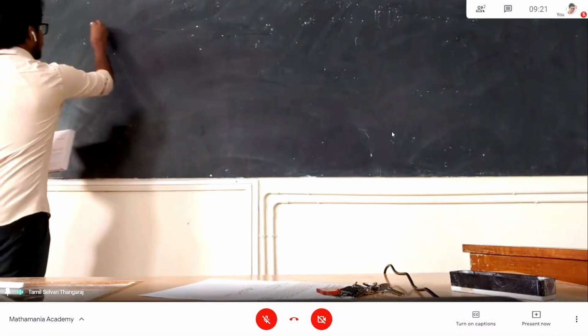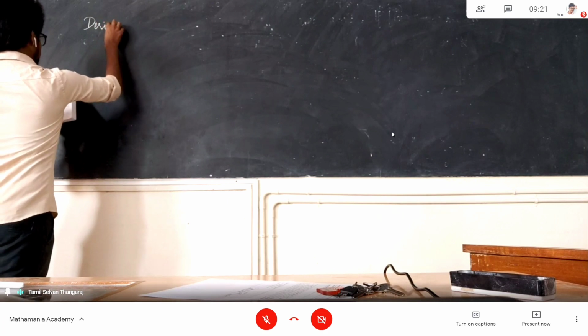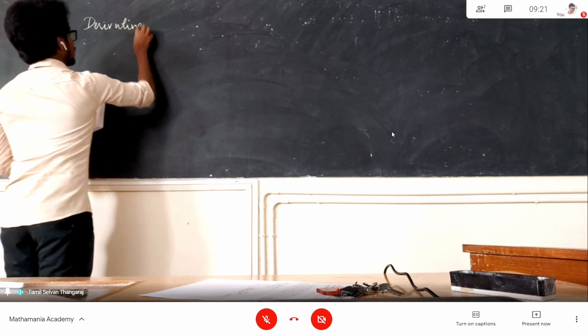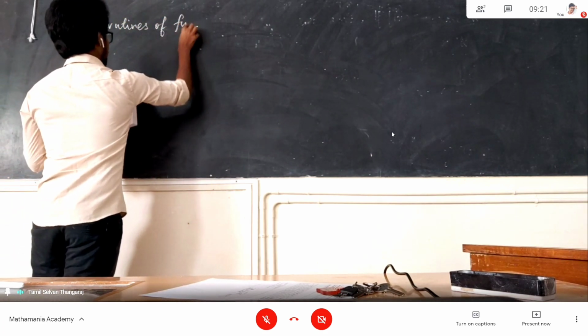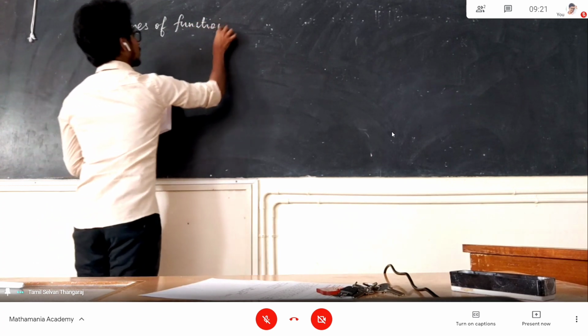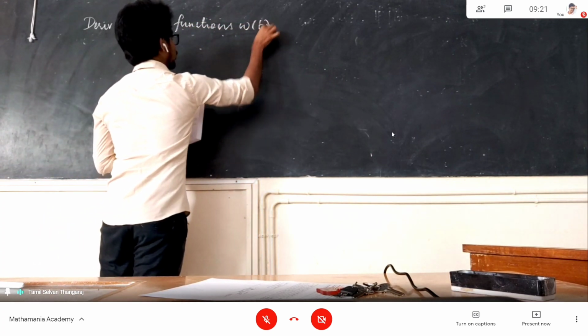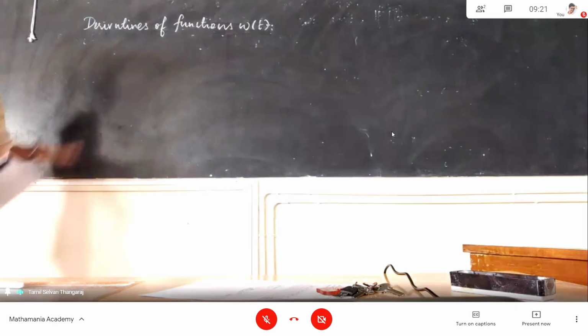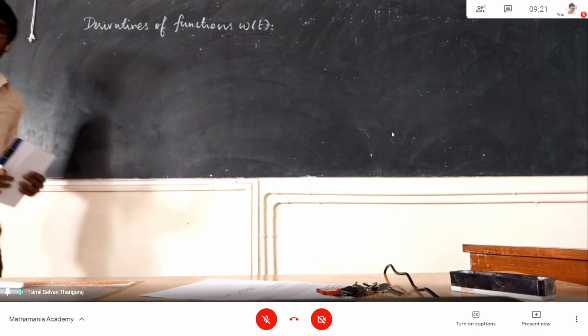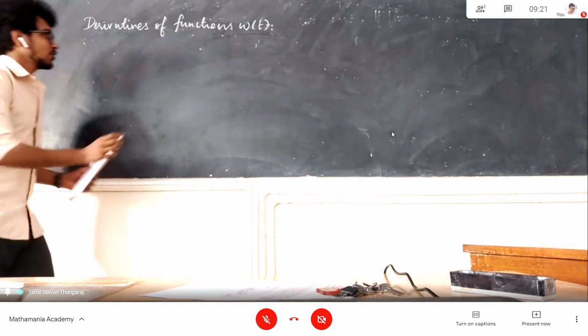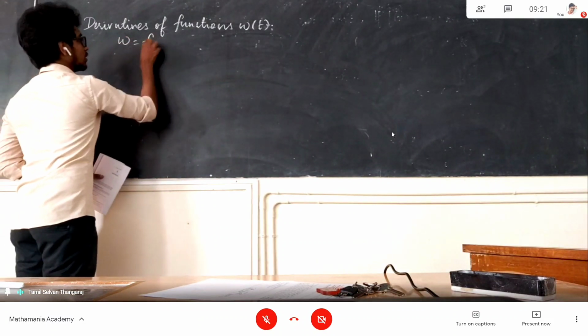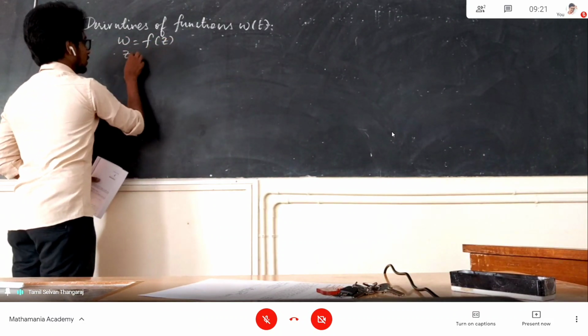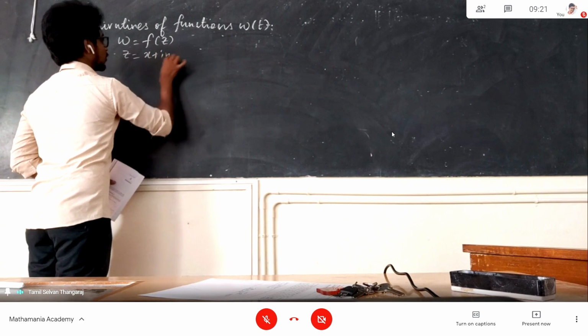As said, the topic that we are about to see in this lecture is derivatives of the function w of t. So, derivative of functions w of t, what is it? Actually, we have seen that w is a function of z, where z takes the form x plus iota times y.